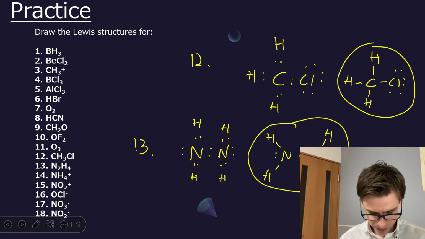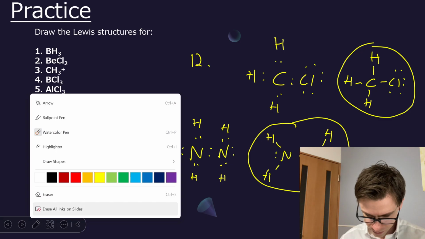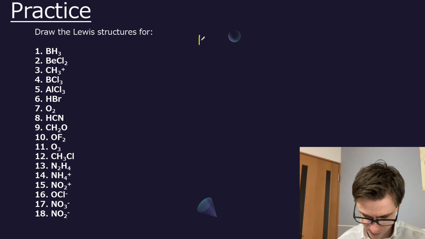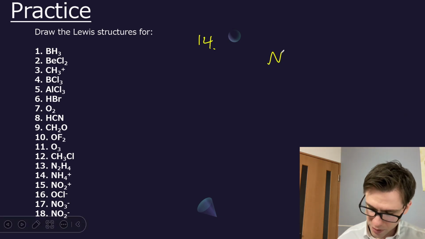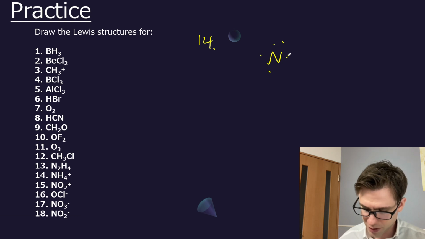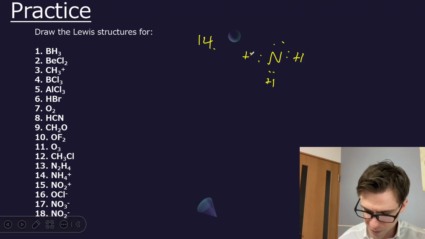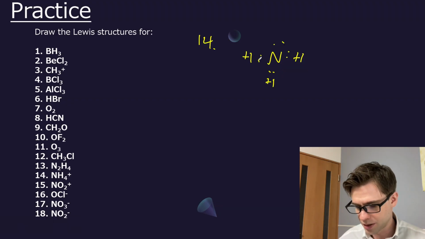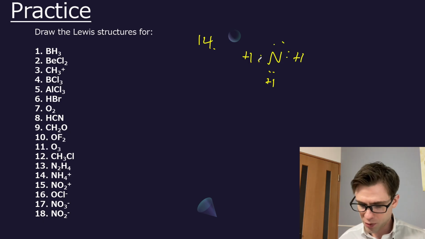NH4 plus. So N, just draw it normally. 5 valence electrons. We'll have our 3 hydrogens come in: bottom, left, right. Now we need to put one more hydrogen here.